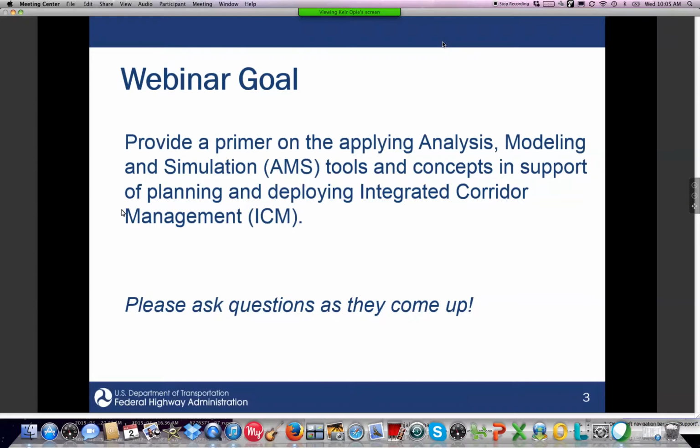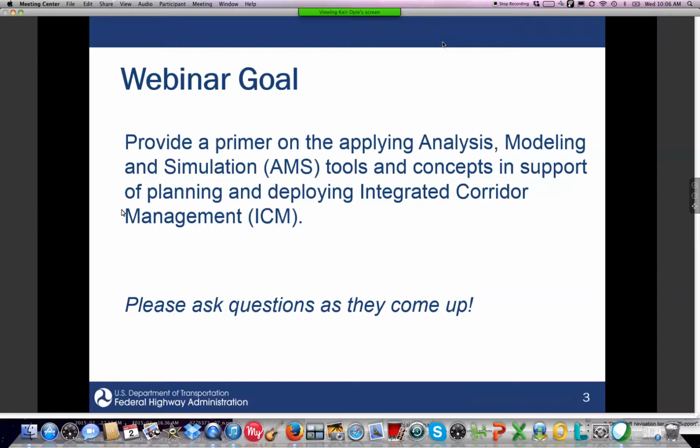So the goal for today's webinar is really just to provide a primer on applying AMS for ICM concepts. As a goal that's not too complicated, in practice there's lots of little finite details that can get very important when you start to look at an AMS.